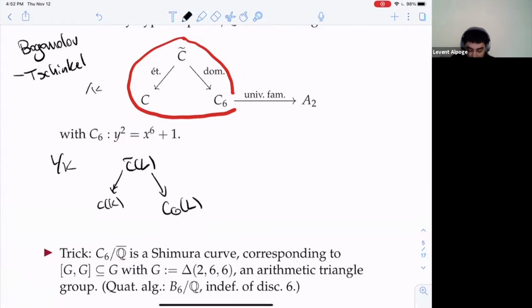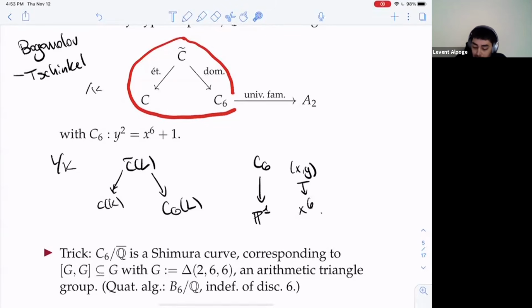Well, this is probably the worst way to see it, but this curve admits a map to P1. The map is (x, y) goes to, I believe, x to the 6th. So that's a Belyi map. It's ramified only over 0, 1, and infinity, and the ramification degrees are 6, 2, and 6, respectively.